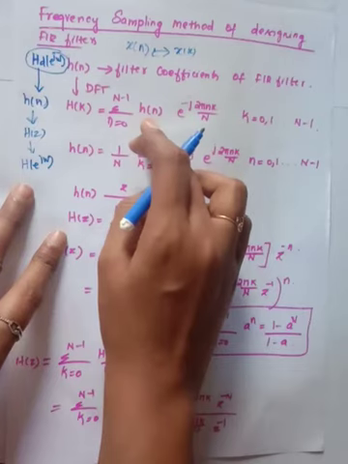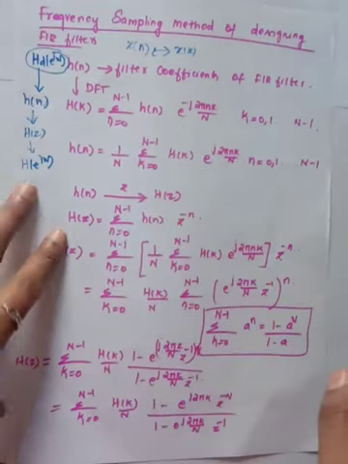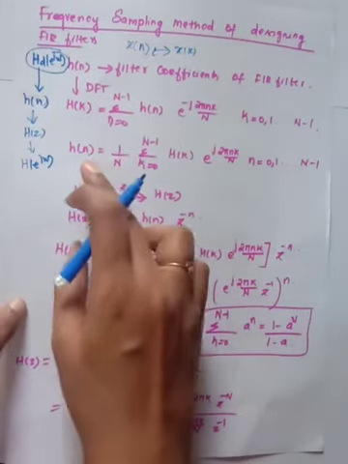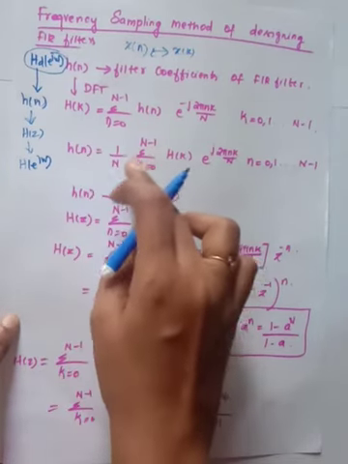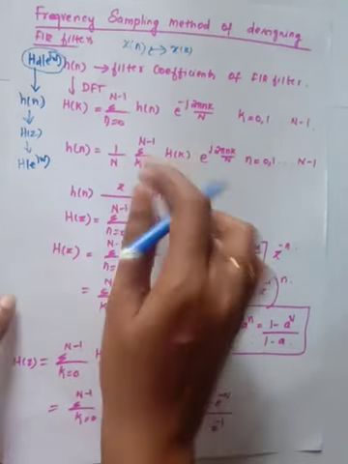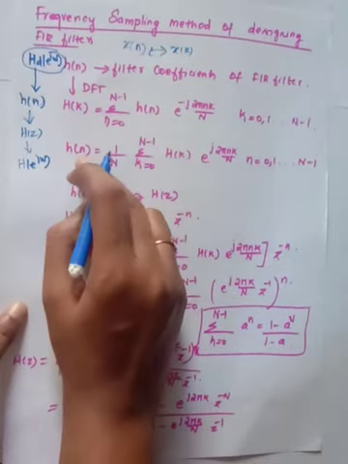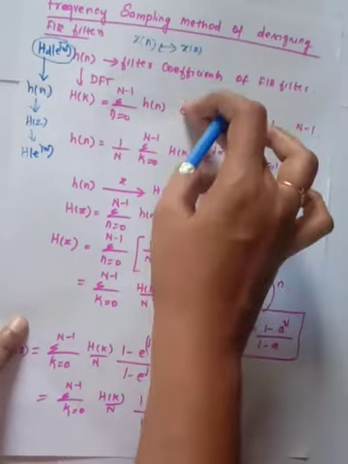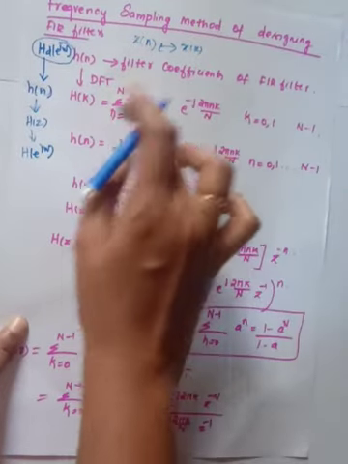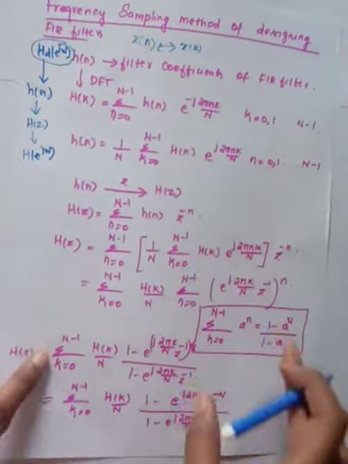Similarly I am writing for h of n and h of k. The next one is h of n equal to 1 by n summation k equal to 0 to n minus 1, the inverse DFT formula. These two are DFT formulas.